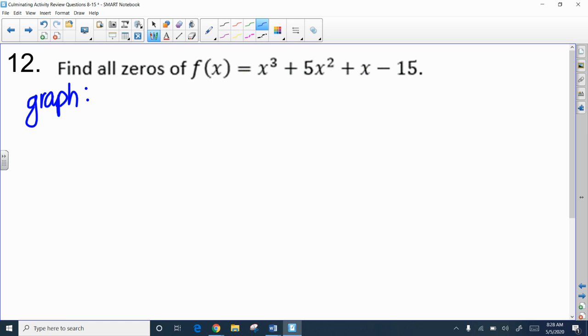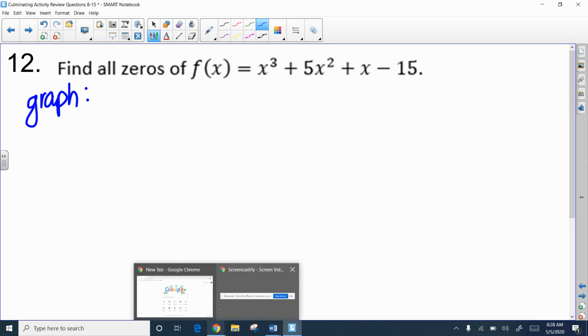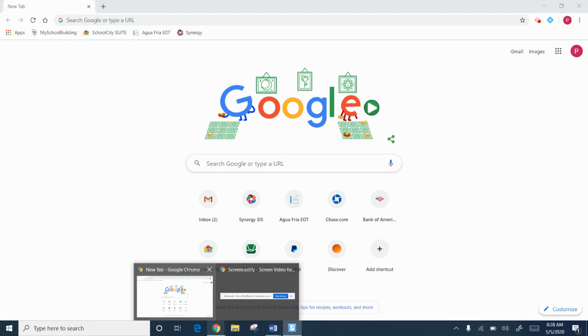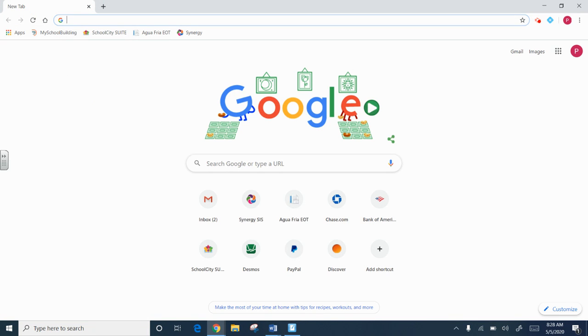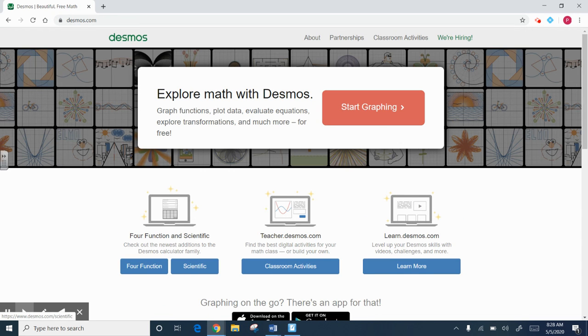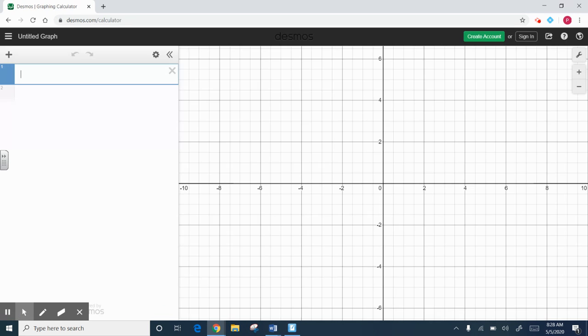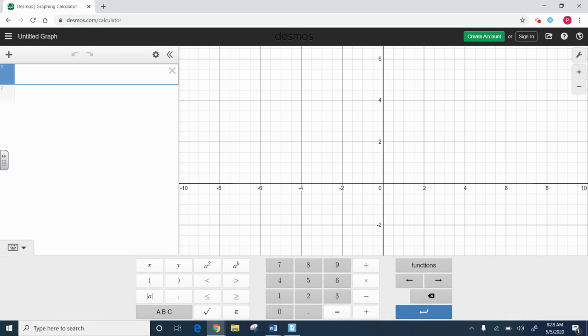So this is the first problem that we're actually going to really need a calculator, and specifically we need a graphing calculator. So we are going to use Desmos. So go to desmos.com and then start graphing. And so here is where we're going to type in the equation. You can type it in as y equals or f of x equals, and it'll work either way.